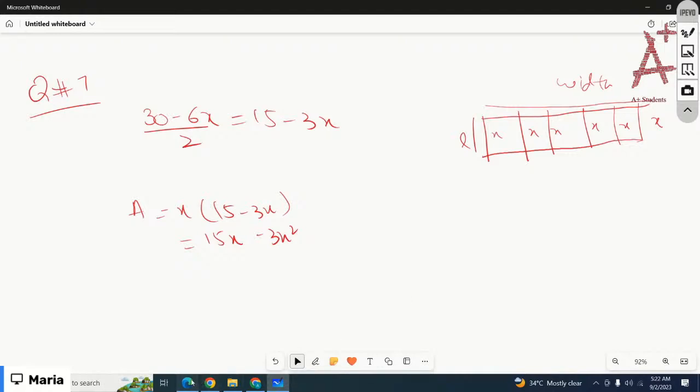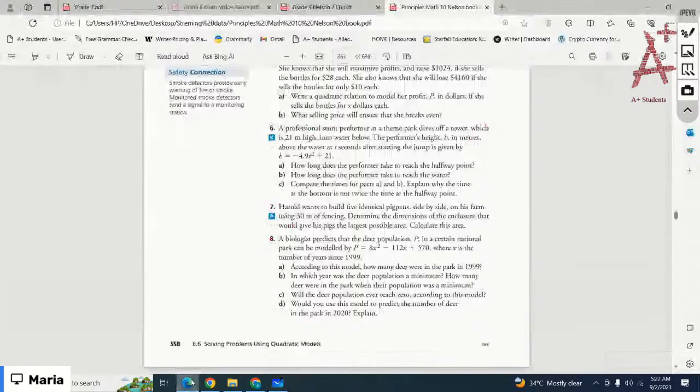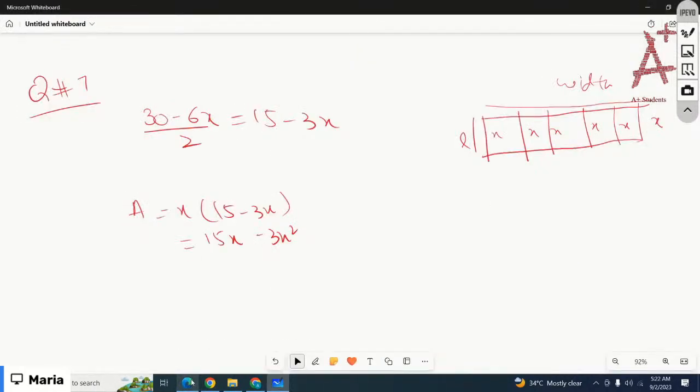That means, hmm, if we take common 3 from here, 15 minus 3x equals 0, right? 15 equals 3x, x equals 5, right?